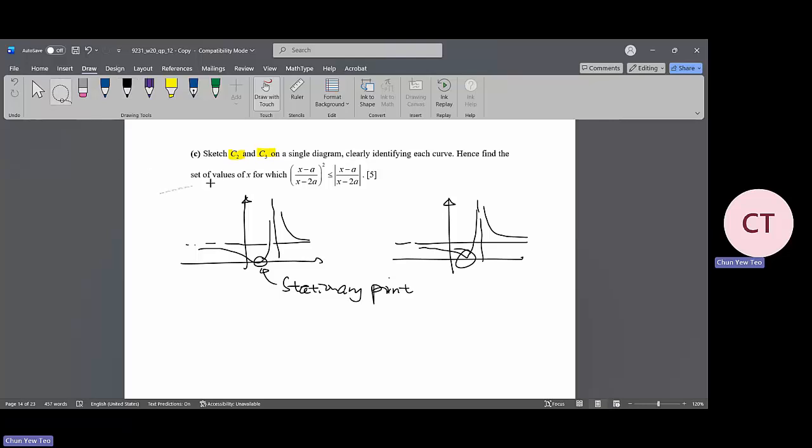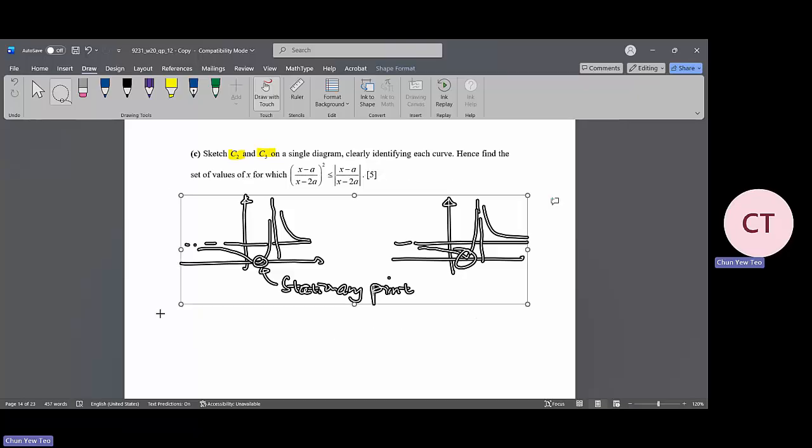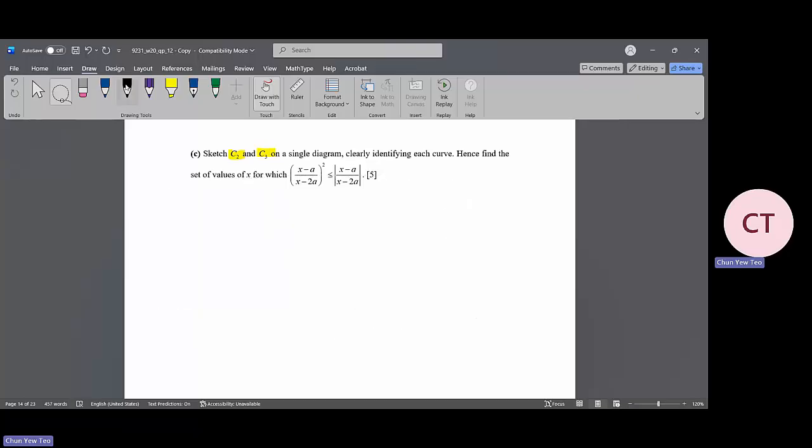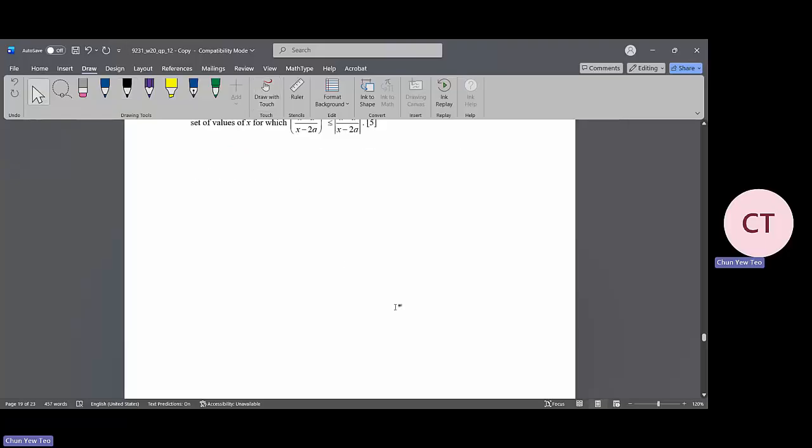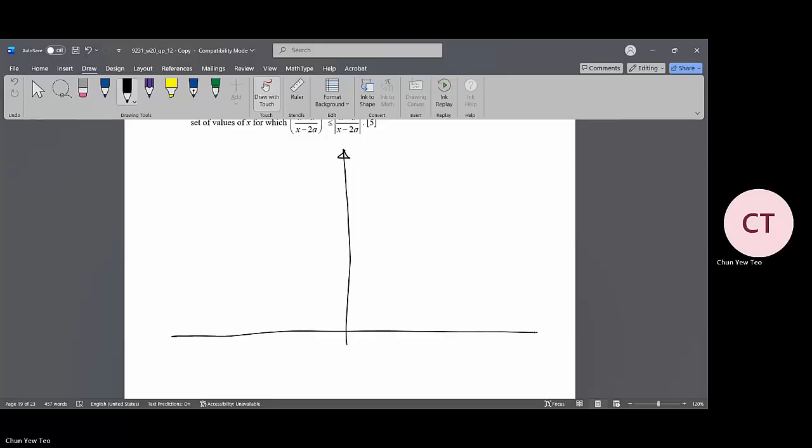So what you need to do is erase this. We want to put them together. So we try to draw the graph a little bit larger. Okay. So this is a, this is 2a.